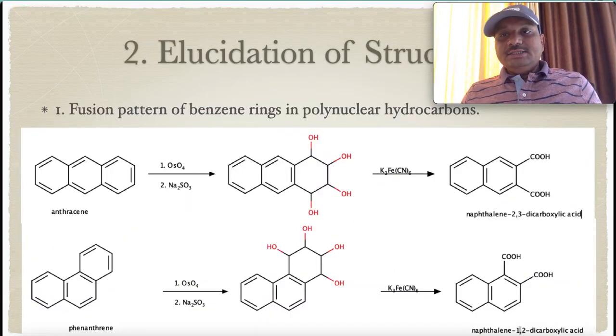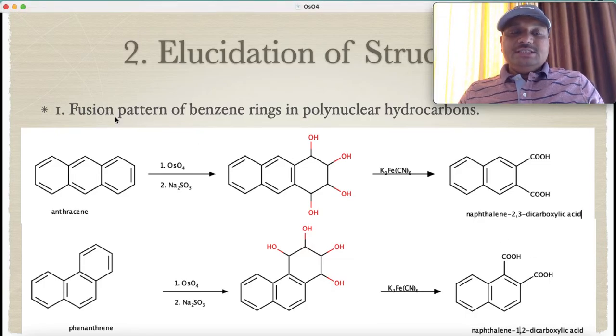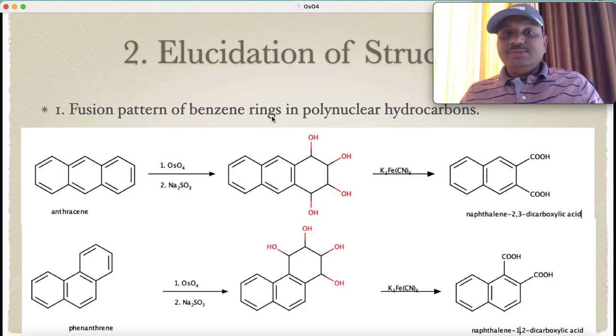Then the second synthetic application is the elucidation of structure. First, it is used for the determination of the fusion pattern of benzene rings in polynuclear hydrocarbons.